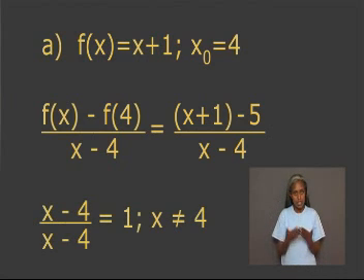This simplifies to (x minus 4) over (x minus 4), which equals 1.